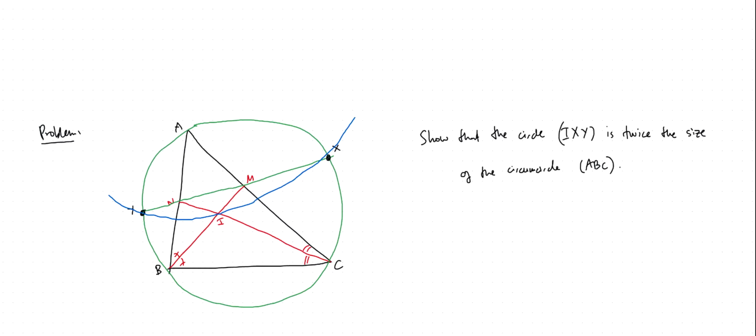Maybe we consider the circumcircle of IBC. Is it useful? Because we know that its center is the midpoint of arc BC. For example, maybe. But there are even easier things than this.